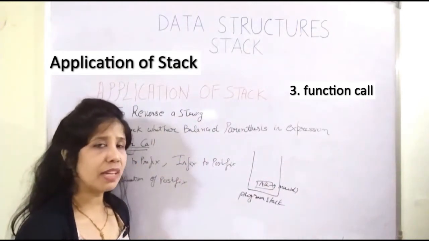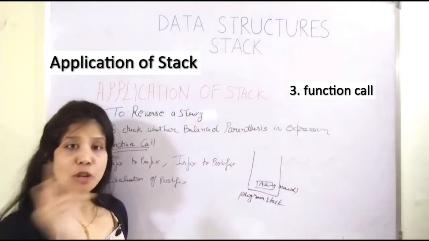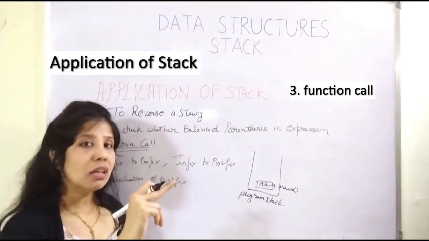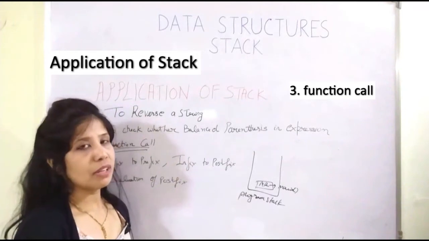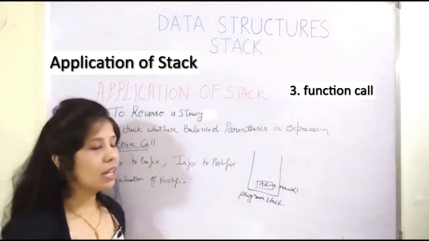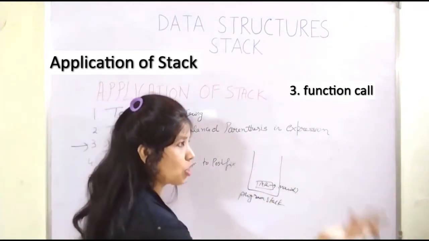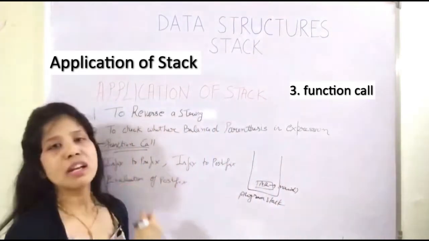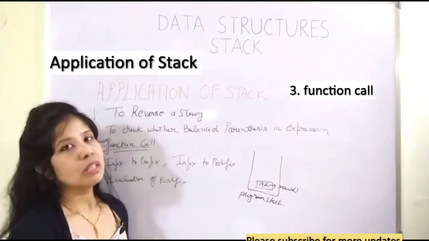As I told you, the variables, the parameters, the pointer to the previous activation record, and the address of the next instruction of the caller function. All those details it will have. And when that function is completed with its execution, then this activation record will be popped from the stack.